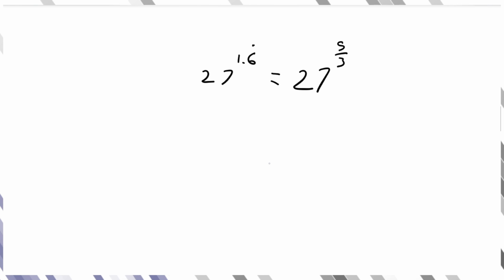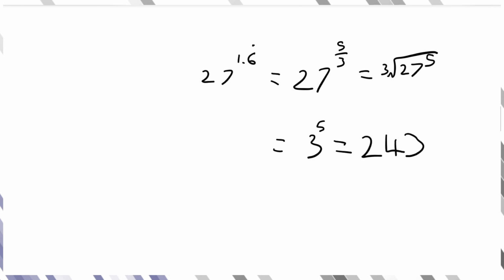So first of all we need to cube root 27, the number that cubes to make 27, and then raise it to the power of 5. Well, 3 cubed is 27: 3 times 3 is 9, times 3 is 27. So the cube root of 27 is 3, and then we raise it to the power of 5, which gives us 243. 3 times 3 times 3 times 3 times 3, 243.